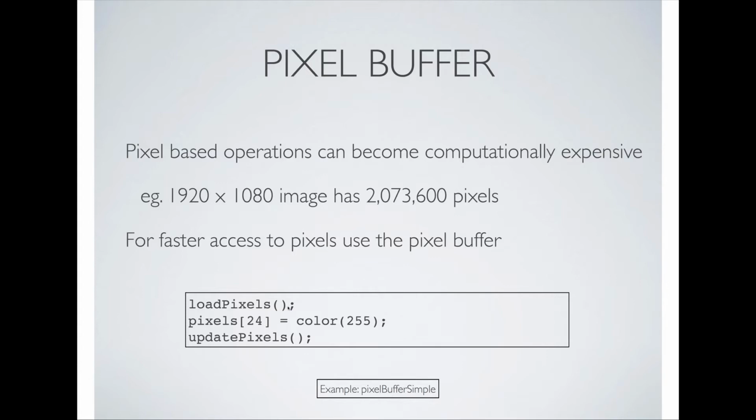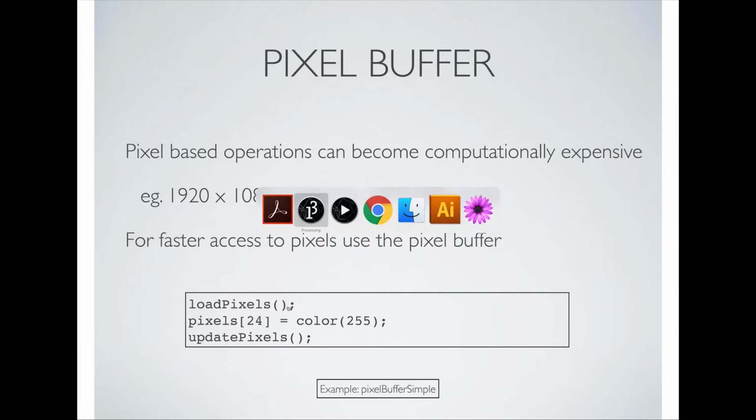So it doesn't actually require you to say pixels equals load pixels. You just say load pixels. There's only one pixels array, and it's reloaded every time you call load pixels. Now you can set the pixels value to whatever you want, whatever color you want, and then you can say update pixels to have a look at what you're going to get.